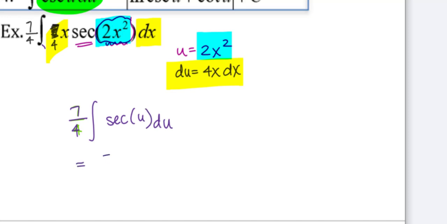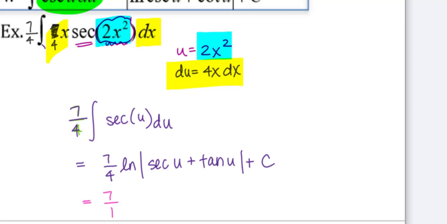And if you know it, oh good, this is 7/4 natural log of secant u plus tangent u plus c, and you've already done all the u substitution, all that kind of stuff. Then you're ready to go with that antiderivative. Or you can multiply by secant u plus tangent u over itself.